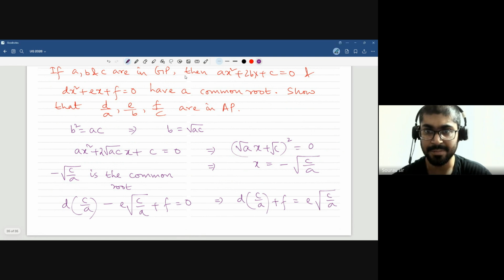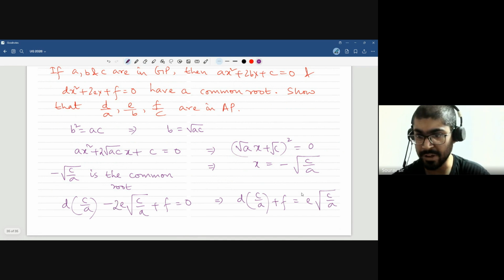Okay, so there was a 2 here as well. It should have been 2ex. So that is where the 2 will come from. So you have a 2 here, you have a 2 here. Okay, so how will you get rid of this? You can take the whole square and so on, but I think you can finish it from here.